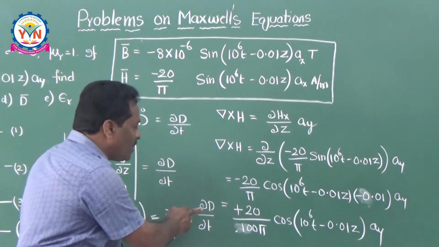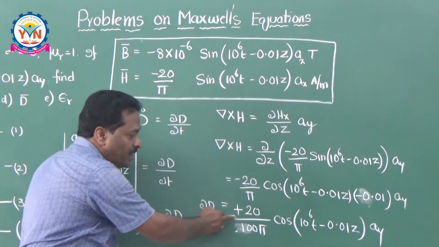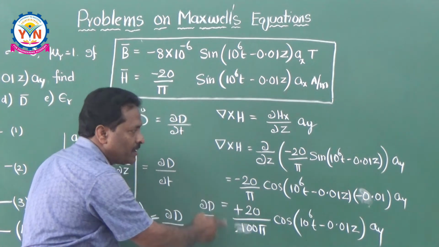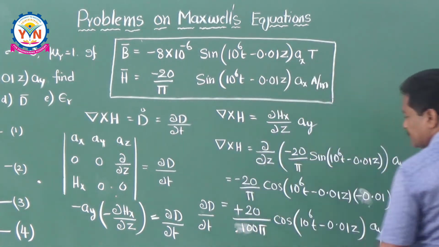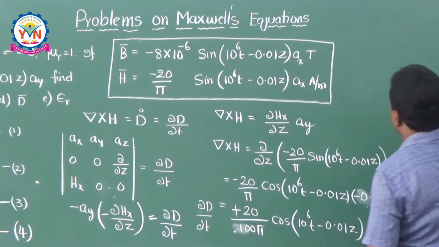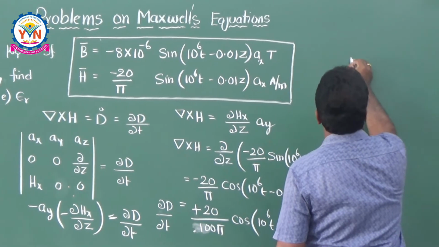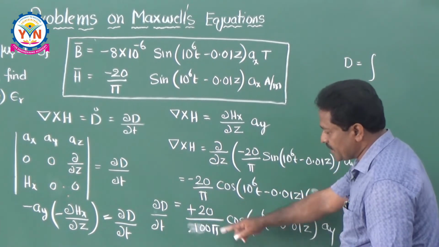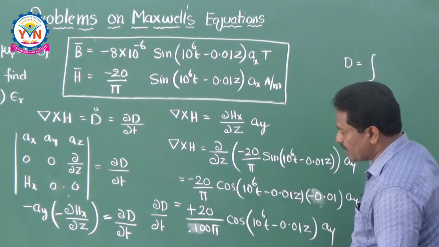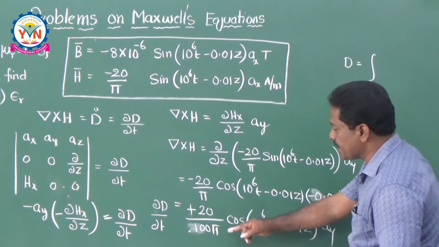So now if I want d from this, I have to integrate this one. So you can say that d is equal to integral of, what is the value here? What is 20 by pi? 20 by 100 pi.